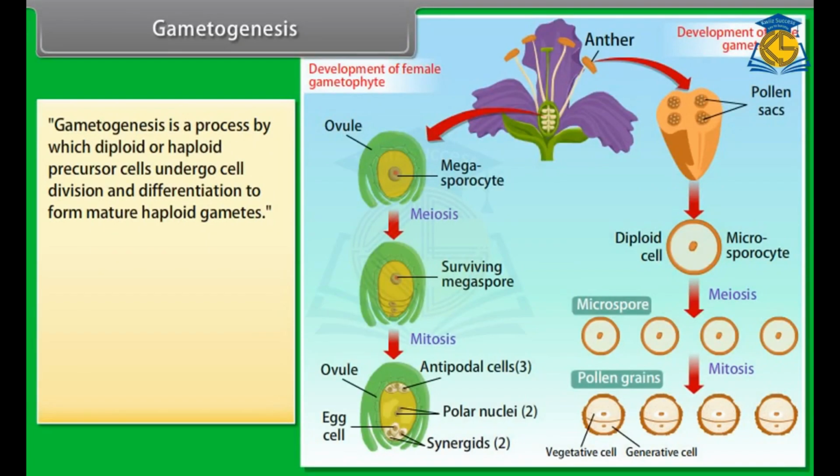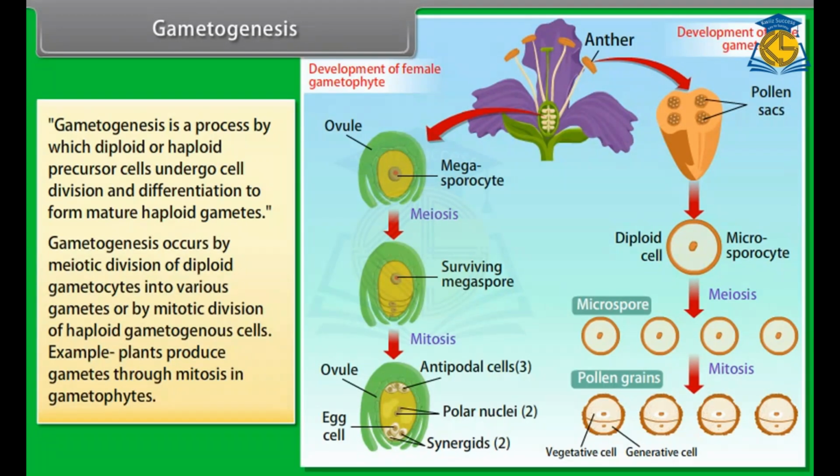Gametogenesis. Gametogenesis is a process by which diploid or haploid precursor cells undergo cell division and differentiation to form mature haploid gametes. Gametogenesis occurs by meiotic division of diploid gametocytes into various gametes or by mitotic division of haploid gametogenous cells. Example: plants produce gametes through mitosis in gametophytes.